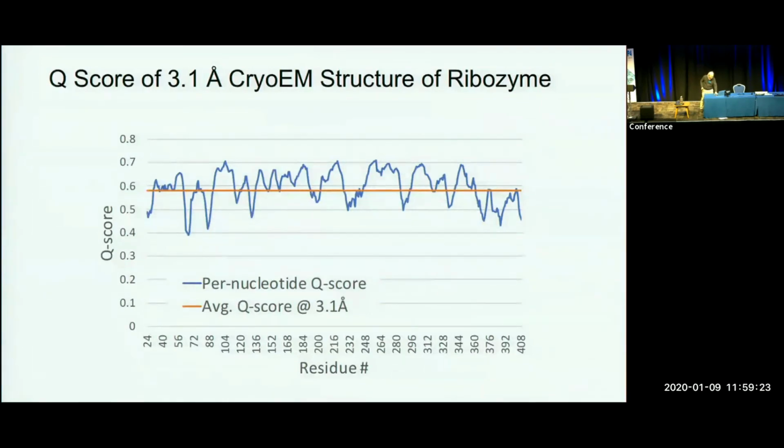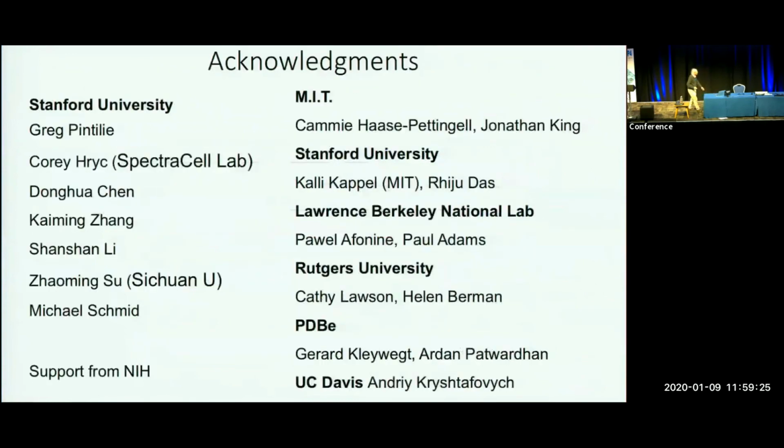And finally, I'd like to acknowledge the people who carried out the work, and in particular, Greg Pintilie carried out most of the development on the modeling, and the number of people in the lab who were involved in the data processing. And there are collaborative projects with different colleagues, John King on the virus one, Das on the RNA, and then we work very closely with Paul Adams.